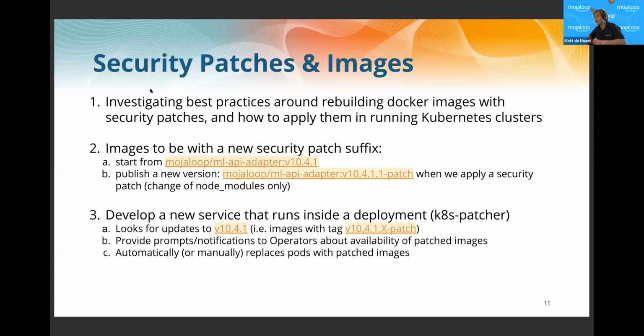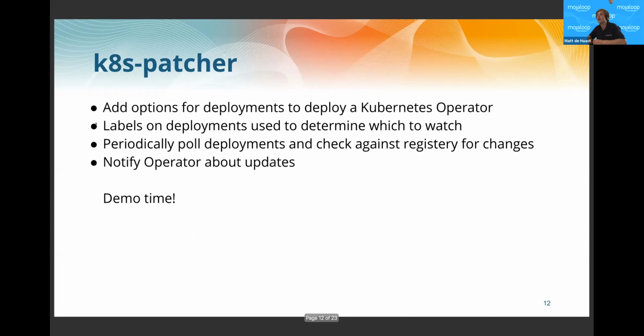So we investigated creating something we initially called the K8 patcher, but we're leaning more towards the Mojaloop operator, which basically allows a piece of software to run within your Kubernetes cluster that can do roles that are offloaded from the operator. The first step was looking at how we can deal with these security patches in a more automated way.